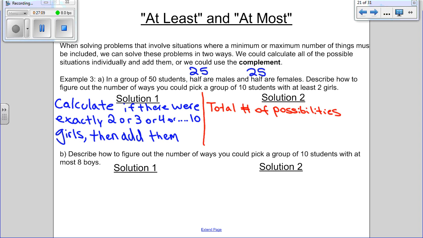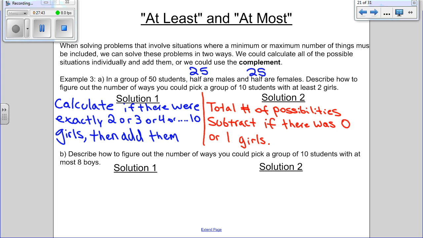It's going to be a big number. But I want to subtract out if there were no girls, or 1 girl. That would leave you with 2, 3, 4, 5, 6, 7, 8, 9, 10. So if you take the total, subtract out the opposite, you're left with what you wanted.